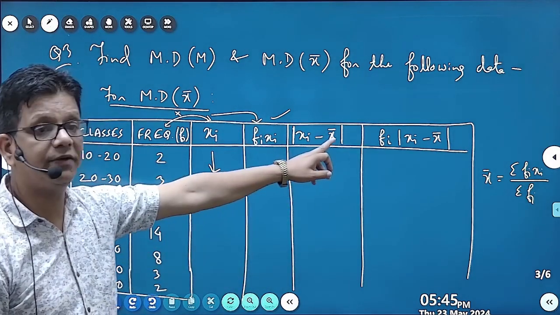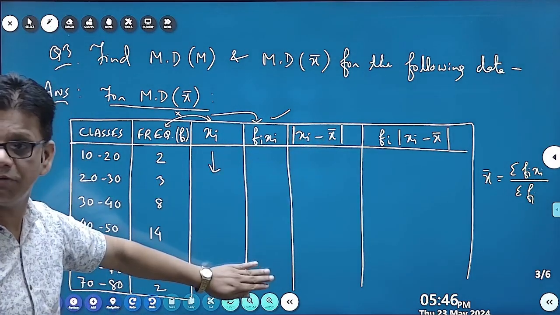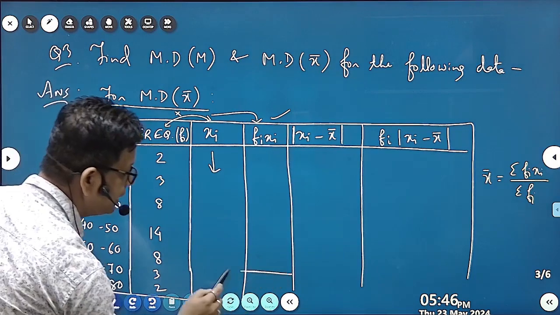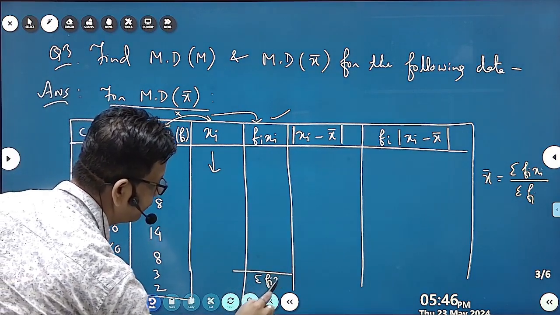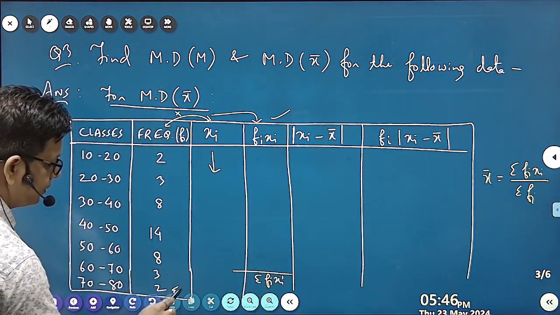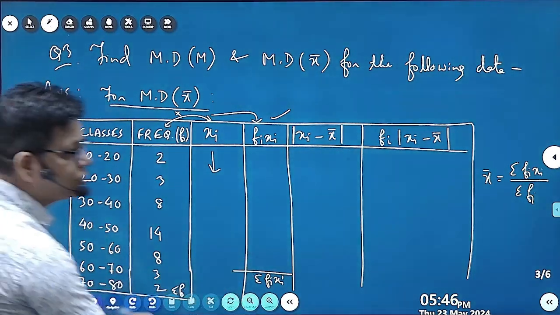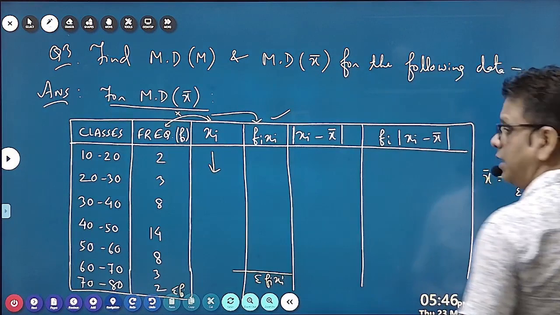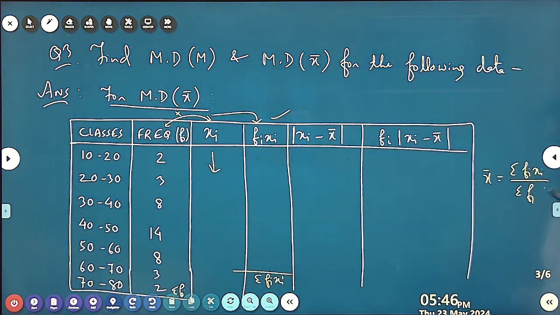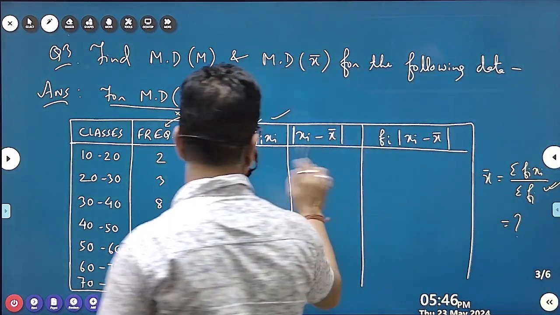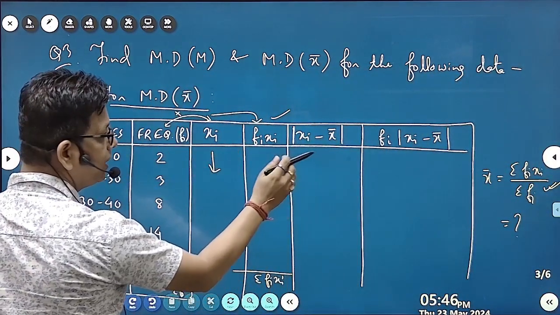Because now you don't have x bar. So for the time being, you stop after getting this and get summation of fi xi and also summation of fi. These two you get. Alright. Then these two values you put here. Listen. We are not doing it now. Then you put these two values here, and with this your x bar will be ready. Yes or no? When the x bar is ready, just put it in this again. But be careful.